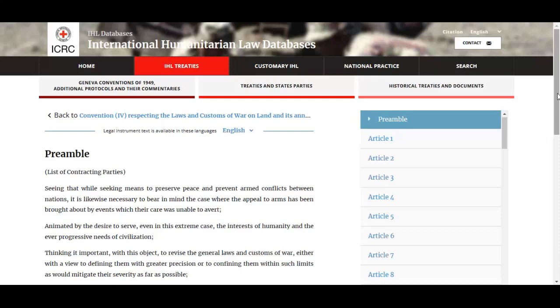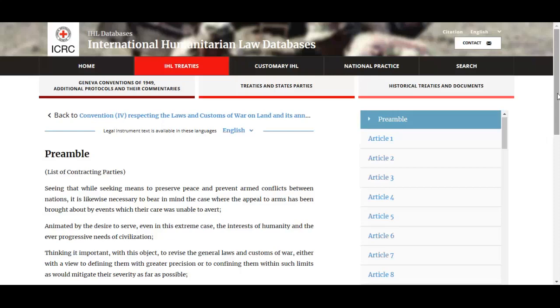So, Department of Foreign Affairs and Trade, Canberra. International Convention Concerning the Laws and Customs of War on Land, Hague 4. The Hague, 18 October 1907. Entry into force for Australia and generally 26 January 1910. So there's your occupation day.